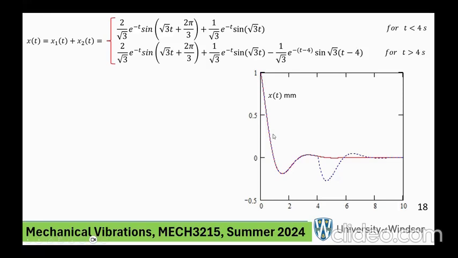And when you plot it, you see that this red one is the first line of this expression. In other words, it's the response before 4 seconds due to the initial impulse that we gave it, and the initial velocity that the block had somehow.